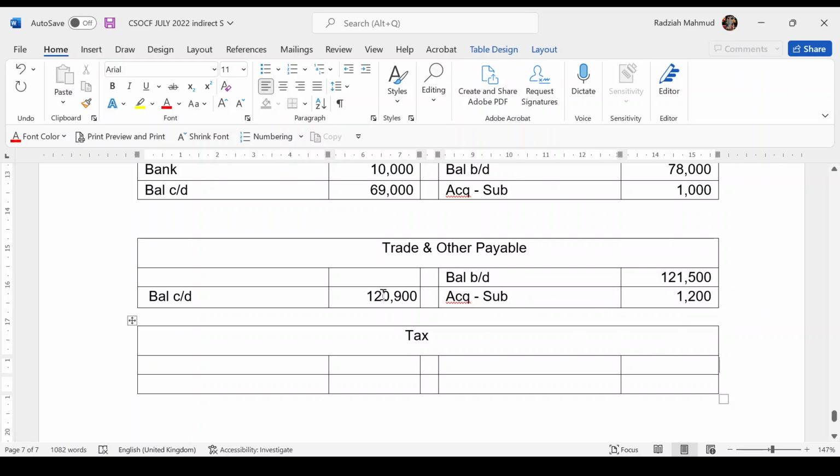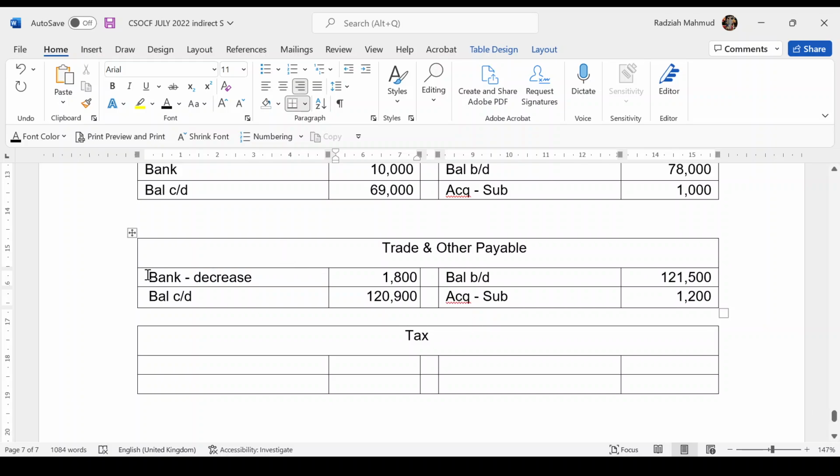Debit must equal to credit, so the balancing figure here is 1,800. Credit means decrease, right? So why our payable has decreased? Because we pay for it. So that's why we have bank here. So we can say that this is decrease in trade and other payable. So we transfer.